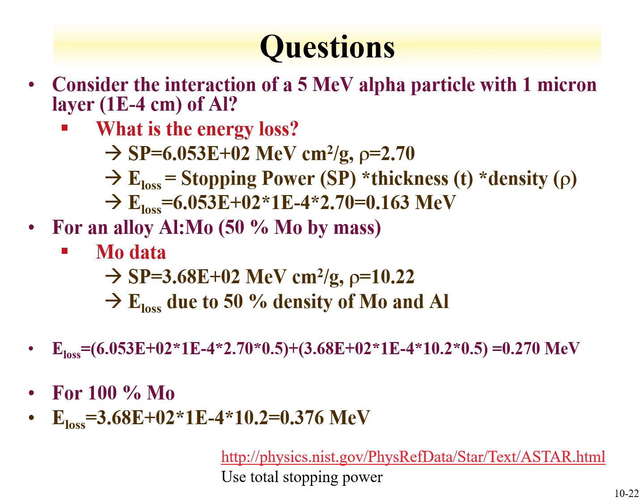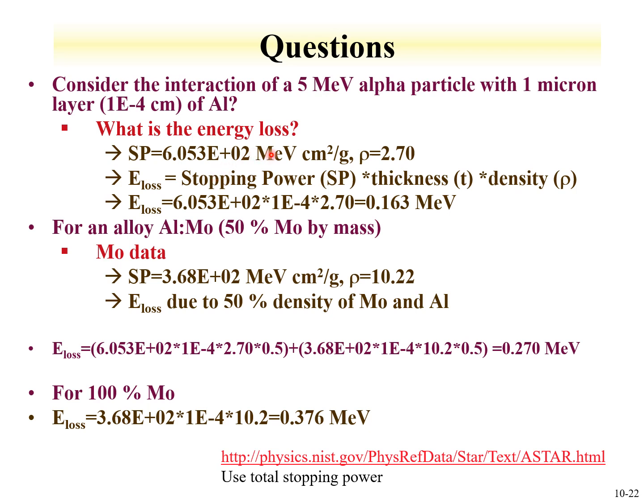For aluminum, if we go to the A star web page and look at the data for 5 MeV, we get a stopping power of 6 times 10 to the 2 MeV centimeter squared per gram, and the density of aluminum is 2.7 grams per centimeter cubed.